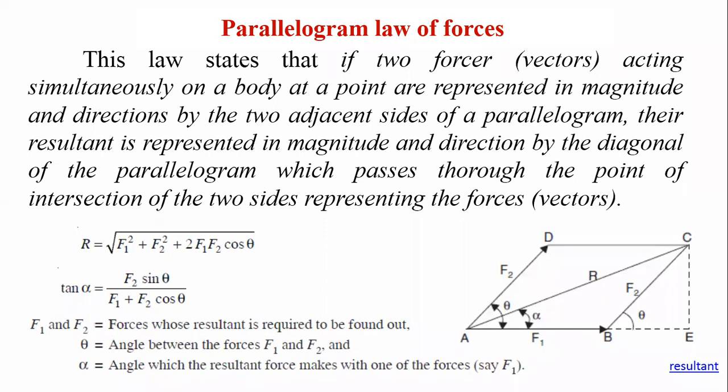R is equal to the square root of F1 square plus F2 square plus twice F1 F2 cos theta. And this resultant R makes an angle alpha with F1, and to find alpha, tan alpha is equal to F2 sin theta divided by F1 plus F2 cos theta. These two formulas are important when only two forces are acting over the body.